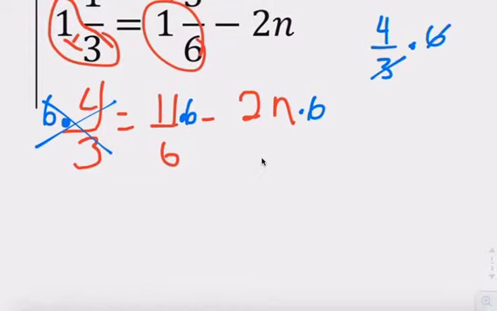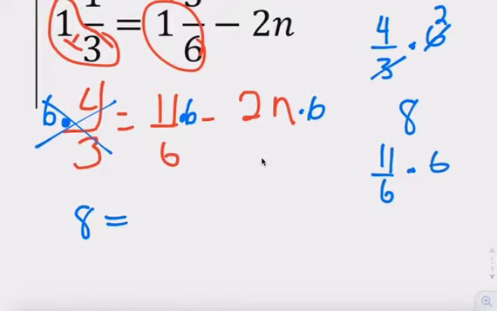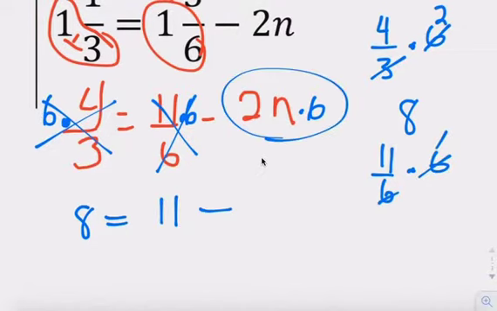Okay, cross cancel, you get 2, you get 8. That first one answers 8. And then you get 11 over 6 times 6. That's the second one here. Cross cancel, you get 11. Then the minus this last one here. 2 times 6 is 12n.